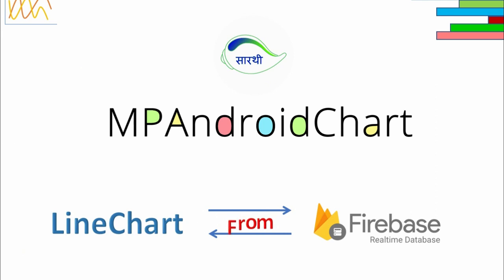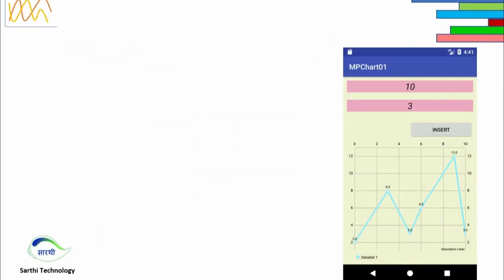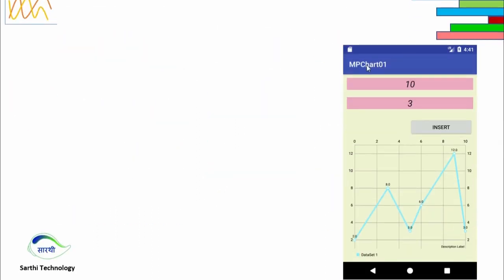In this video, we will learn how to create an MP chart from the Firebase database. For example, we have this view, and this edit text will take the X value and this will take the Y value.